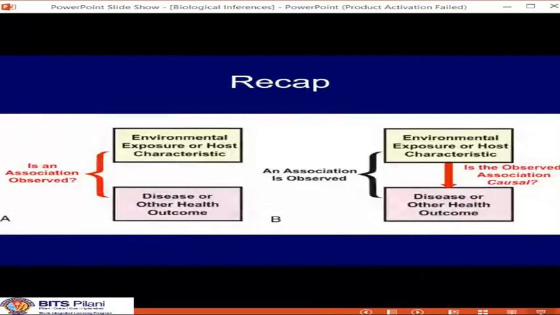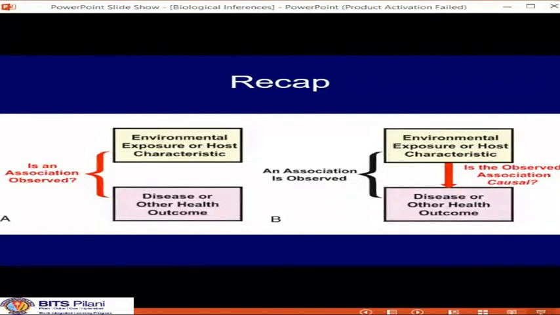Let's recap. Let's look at somebody who has an environmental exposure, somebody exposed to the atom bombs in Hiroshima and Nagasaki. And you want to know, are they having more cancers later on? That is the exposure you see, and the outcome is cancers. If you look at it, you will find the relative risk of those exposed to the atom bomb and those not exposed.